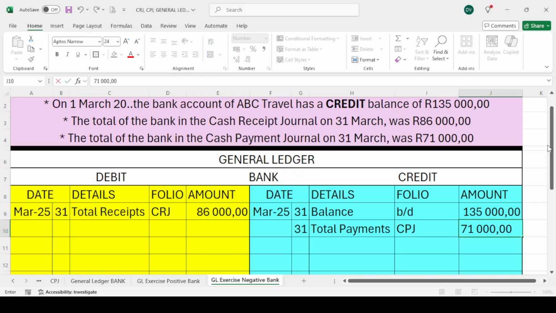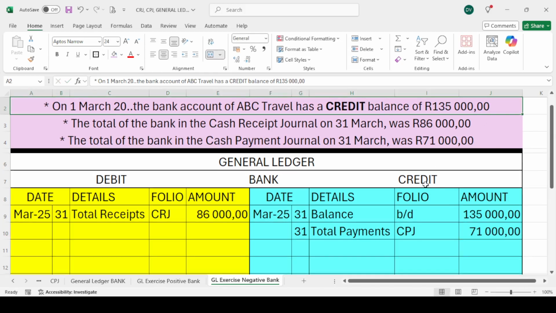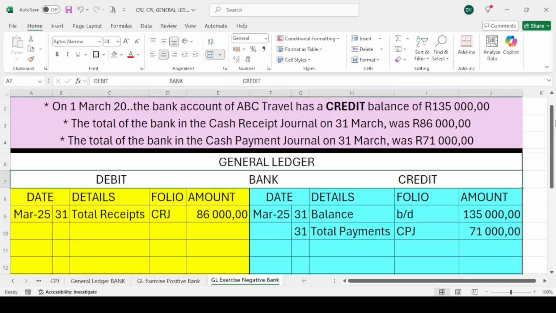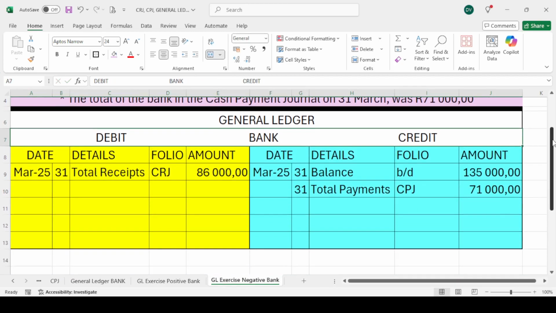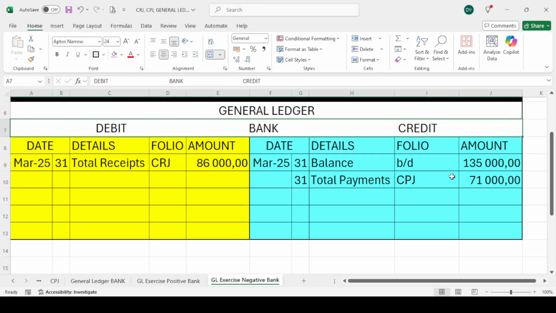Do you see how this is different? Because the bank had a credit balance, you had to put it on the credit side. So immediately, you can see what's going to happen, right? Now, the biggest side is your credit side. Okay? The process stays the same, guys. You ask yourself, which side is bigger? In this case, it's your credit side.